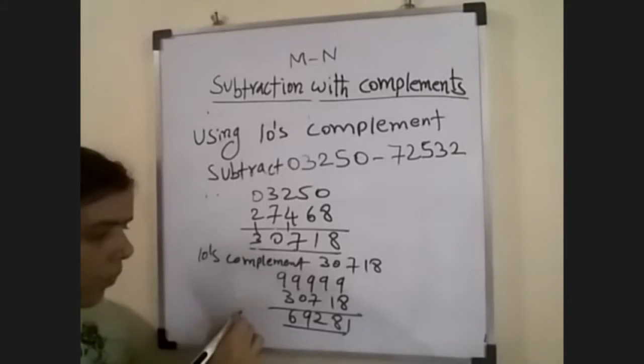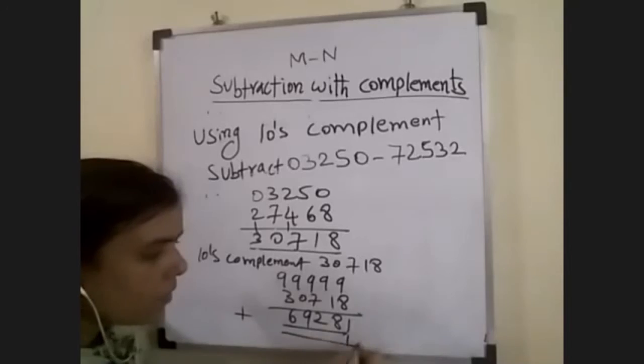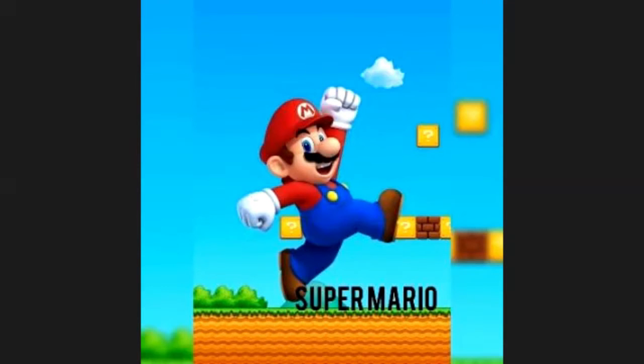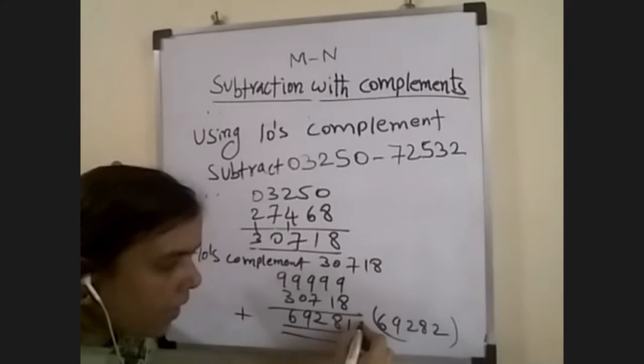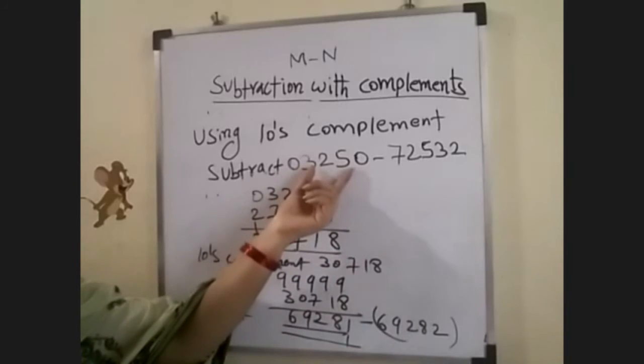For this you add plus 1. Then what is the result? 69282. And make a minus sign in front of that result. That means after performing the 10's complement, put a sign in front of that result. So minus 69282 is the answer for this.